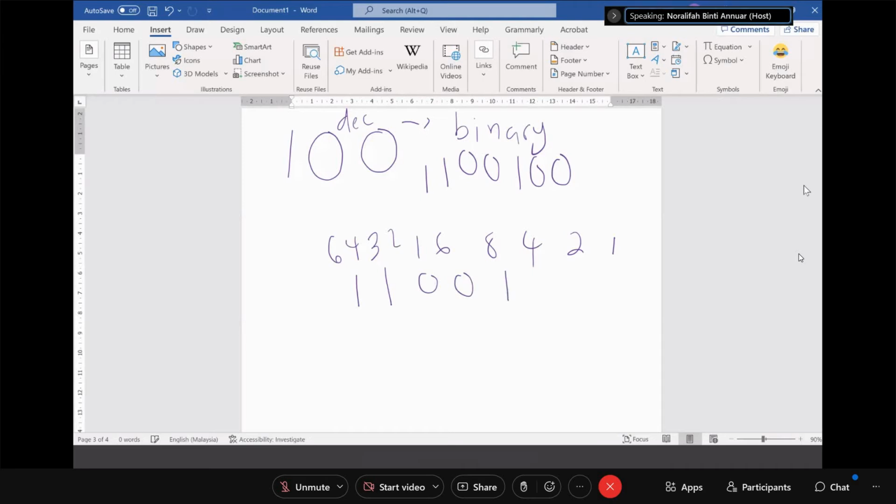How to get 64 ni? Position to the power 0, to the power 1, 2, 3, 4, 5, to the power 6.